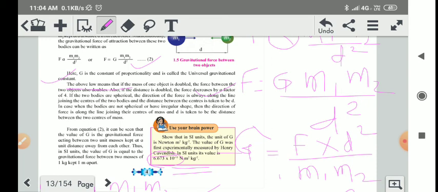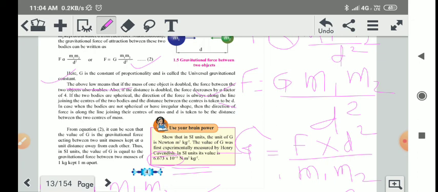Okay, then G is the universal constant, and that universal constant has a unit, as we calculated. The unit is Newton meter square per kilogram square, and the value of G was calculated by the scientist Henry Cavendish.